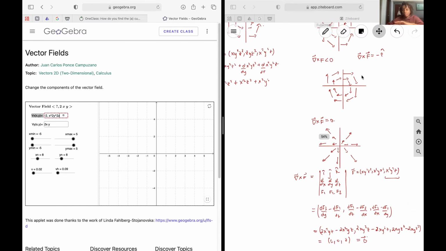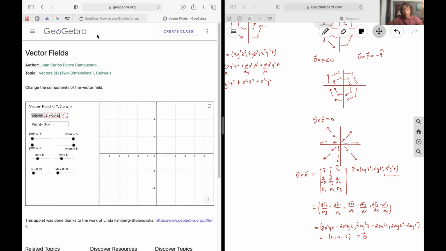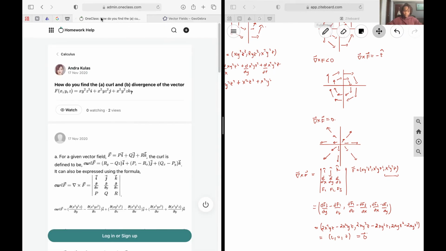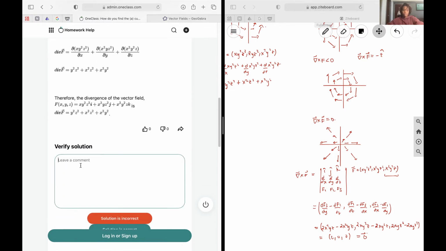But if you do manage to plot it, be it on your own or on a calculator, you will see no rotational properties and it flowing inward or outward depending on the value of x, y, and z. And that's it for this question.